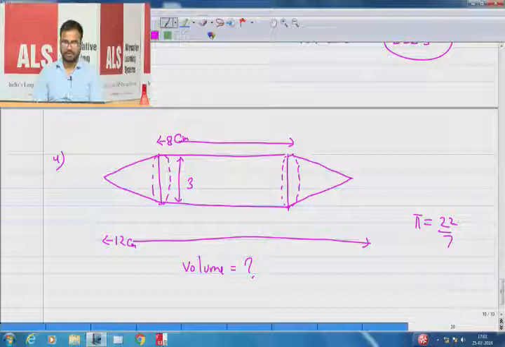Shillong, do it fast. And Kohima, Tetsu, St. Joseph, are you solving these questions?